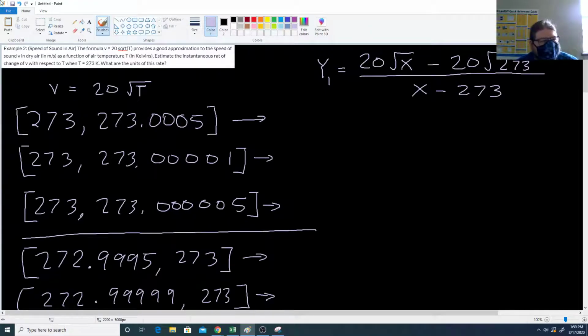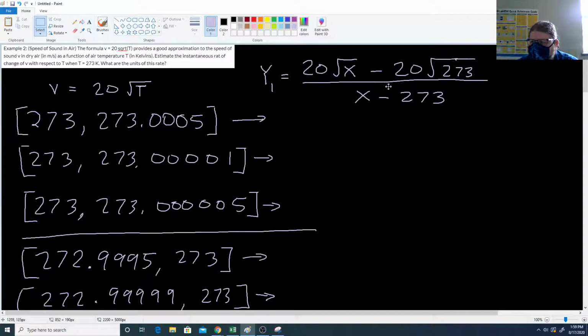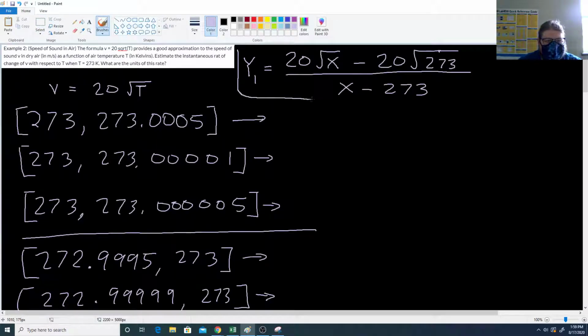Oops, I've moved this over my face basically, so let's scoot that down. This is the equation we're going to be working with. We're going to put this in our calculator as y1, and then all we have to do is type these numbers into our table, and the calculator will handle the rest.